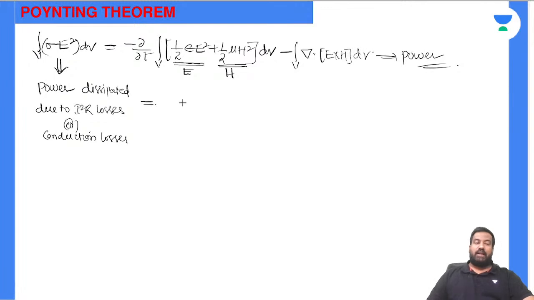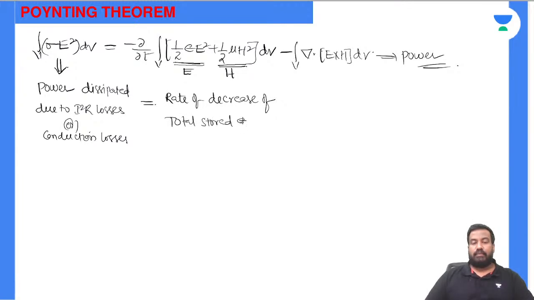Therefore, I can say that power dissipated due to I square R losses or conduction losses is equal to the rate of decrease of total stored energy, minus what you got here, the volume integral of del dot E cross H dV.